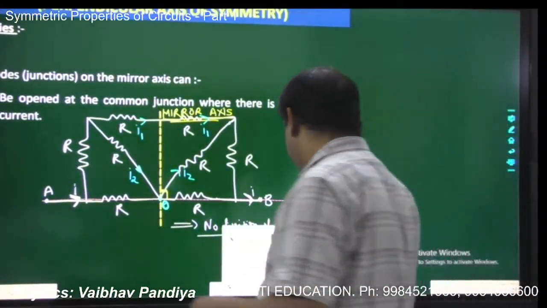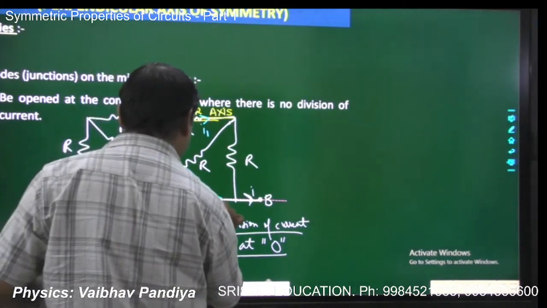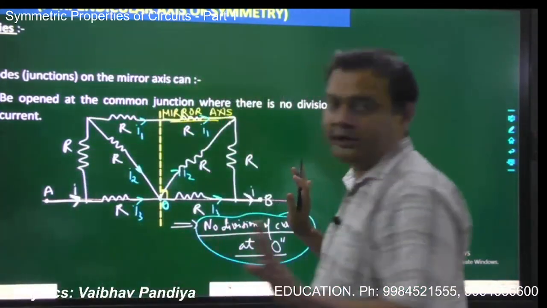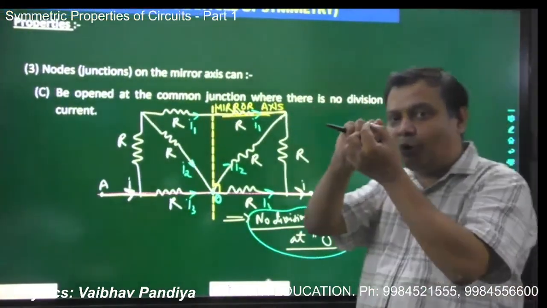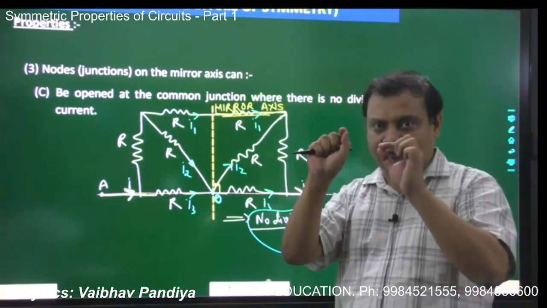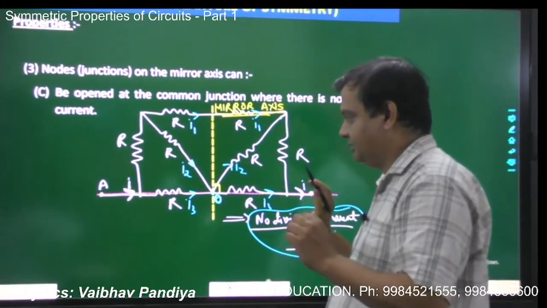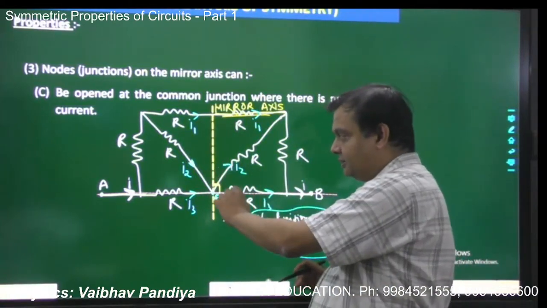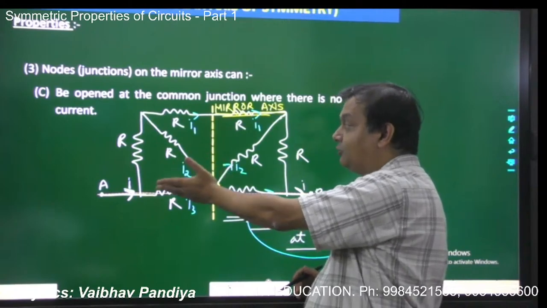And of course, if this has a current I3, again you can make this as I3. Now when there is no division of current at any point on the mirror axis, then that point can be opened. You can make an equivalent circuit separating out that point, making it disconnected. Actually, it is not disconnected, they are connected, and there would have been some division of current had the condition not been symmetric.